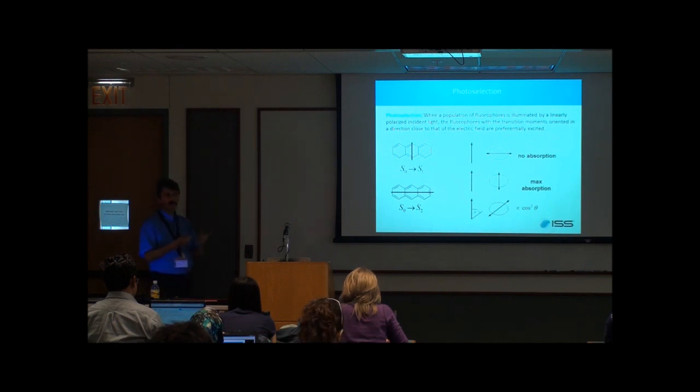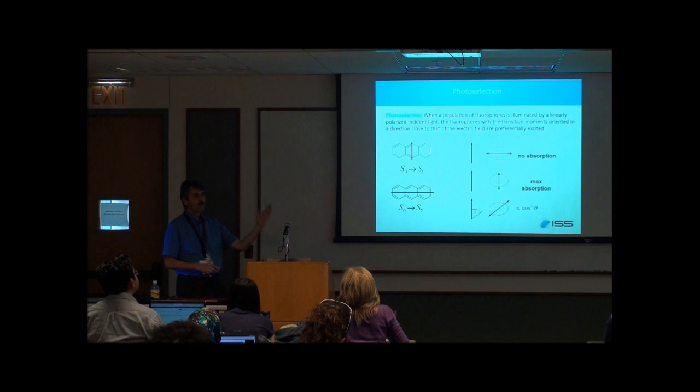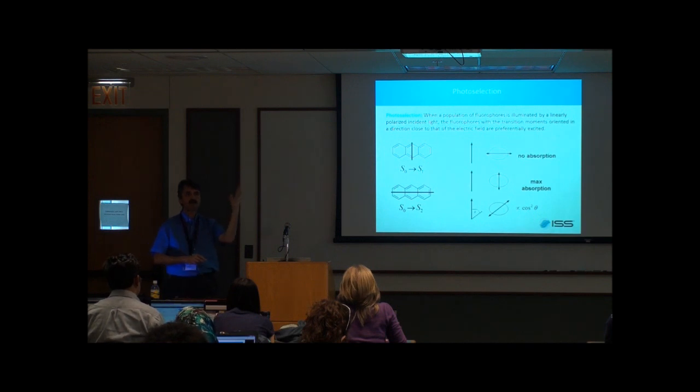Now, if we have a solution with several molecules, they are all oriented randomly within the solution. If we excite the solution with vertically polarized light, we only select the molecules whose transition moments are more or less oriented along the direction of the polarized light.